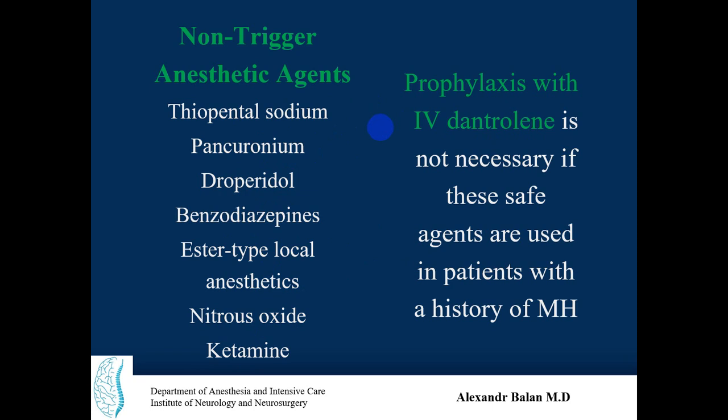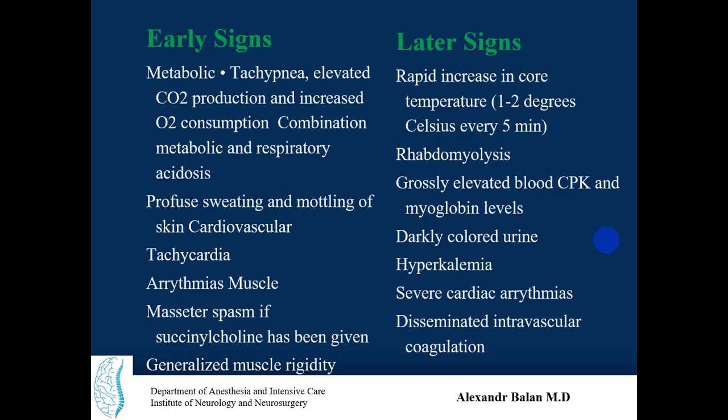No, it's not necessary if these safe agents are used in patients with a history of malignant hyperthermia. And if you hear that a patient died suddenly during anesthesia without any probable cause, it's mostly from malignant hyperthermia that is not detected immediately and measures that do not prevent later complications.